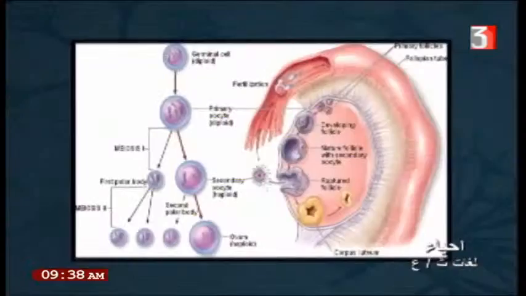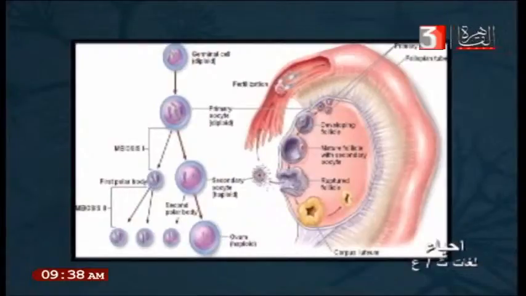This is the type of meiosis division that occurs inside the ovary to produce the ovum and the 3 polar cells. Okay, like this figure shows, meiosis 1 produces 2 cells: number 1, the first polar body, and number 2, the secondary oocyte, with a haploid number.